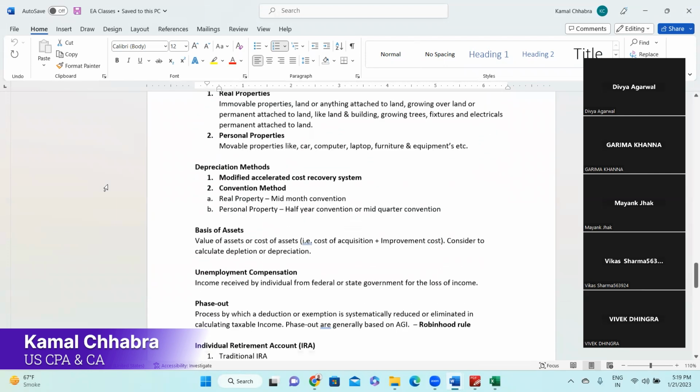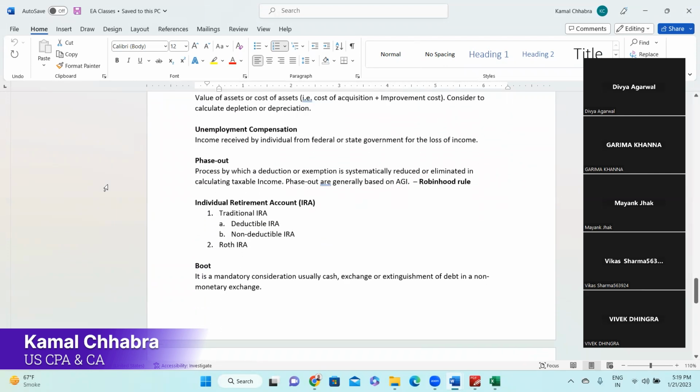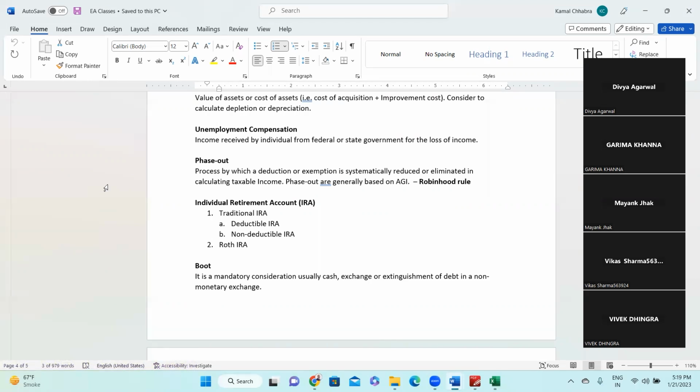Yes, sir. We did the Robin Hood one. Yes, sir, I remember. What is that? Sir, giving away, something like that was a concern. So phase out meaning, like, as you become rich, you are given less tax break, something like that. Yeah.